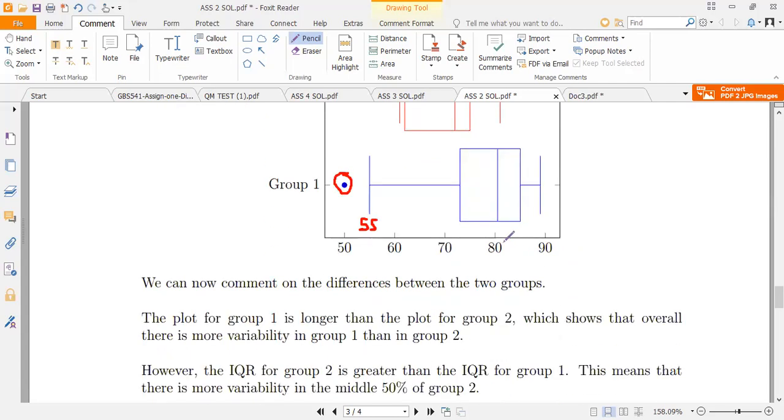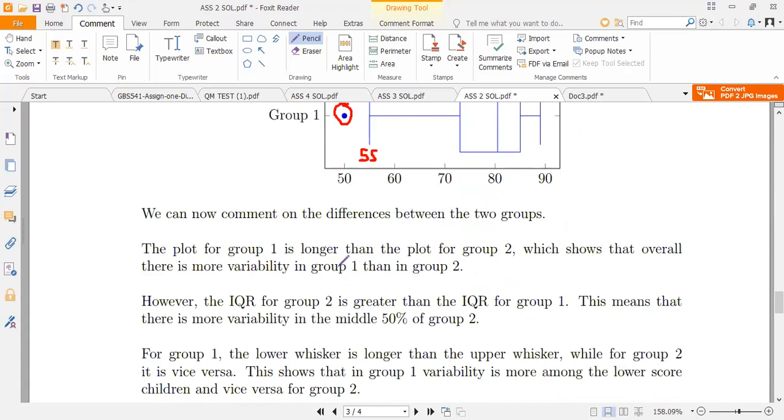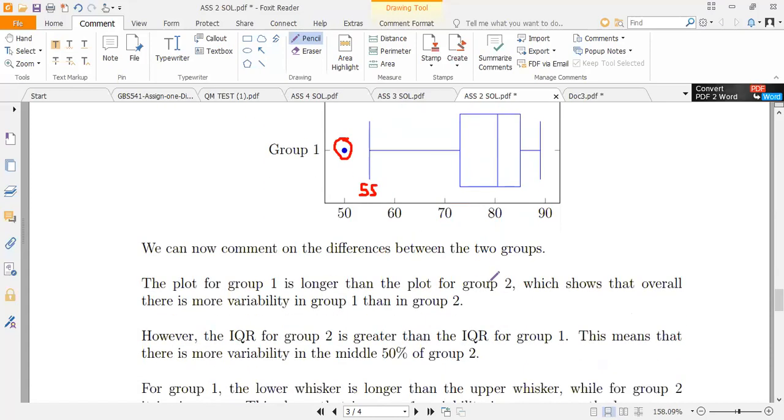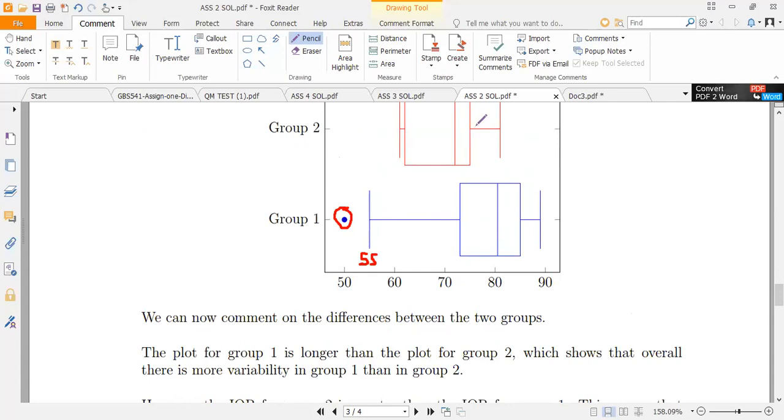So this is how you draw, and when you're commenting, you can comment as follows. The plot for group 1 is longer than the plot for group 2. You can see that group 1 is longer than group 2, which shows that the overall variability is more in group 1 than in group 2.